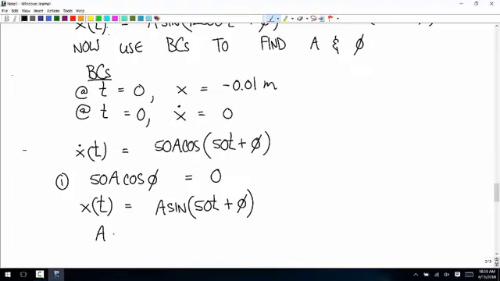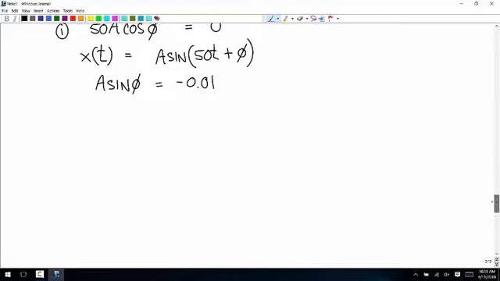So a times the sine of phi is equal to negative 0.01. And there are multiple solutions of this. We don't want that a to be equal to 0, so we're going to look for solutions where, okay, so this is our second equation.